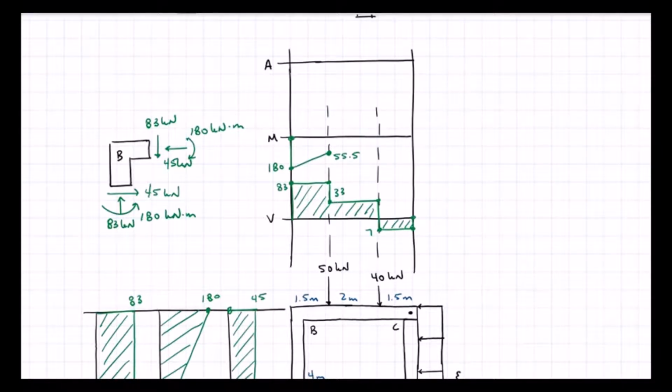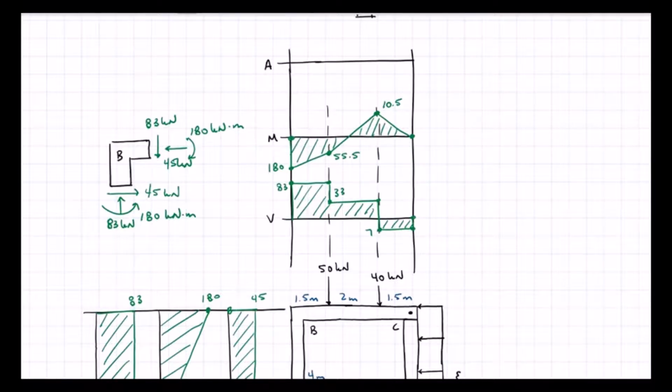And then I'm going to come up again, 33 times 2, so that's 66. That's going to get me up here to 10.5. And then I have 7 times 1.5, which is 10.5, so we get back down to 0, which is good. We're at corner C, which is a pin. Pins cannot carry moment, so I need that one to be 0. Unlike corner B, which was a fixed corner and could carry moment.